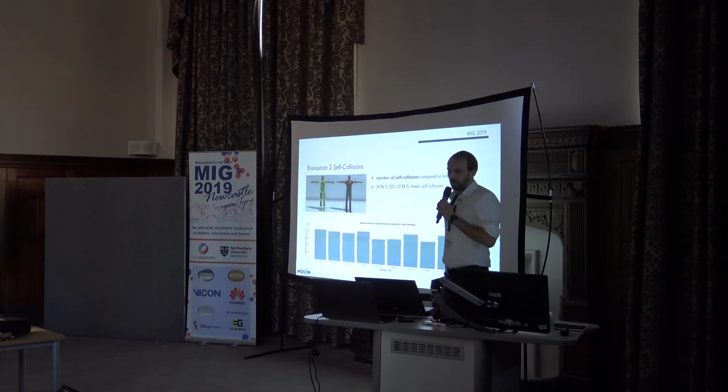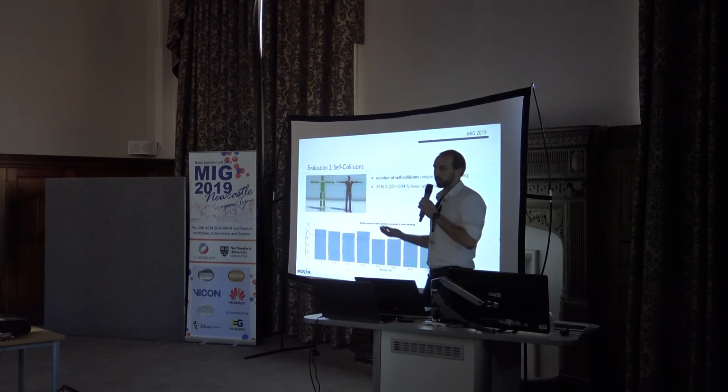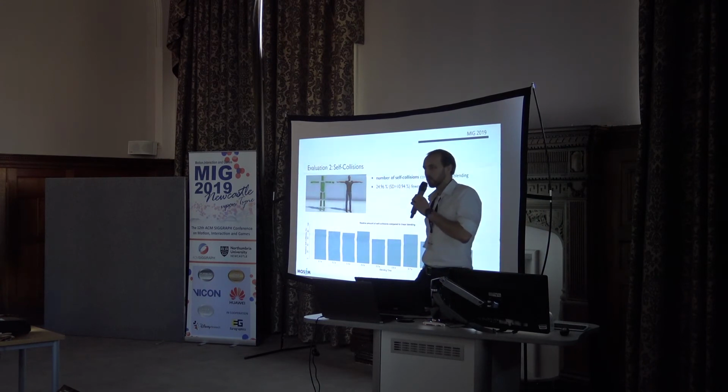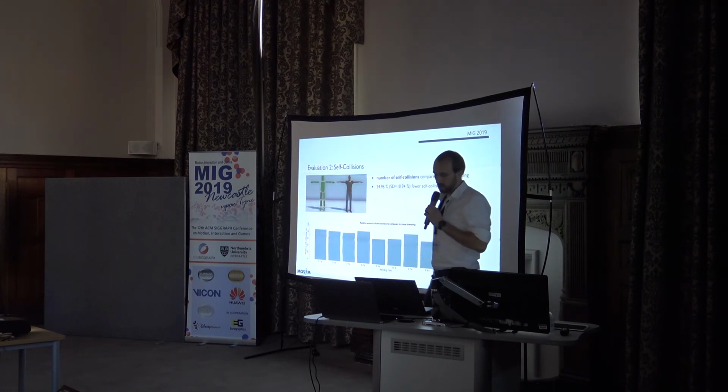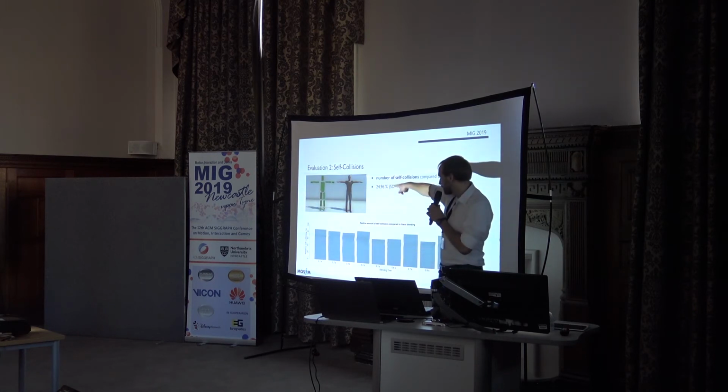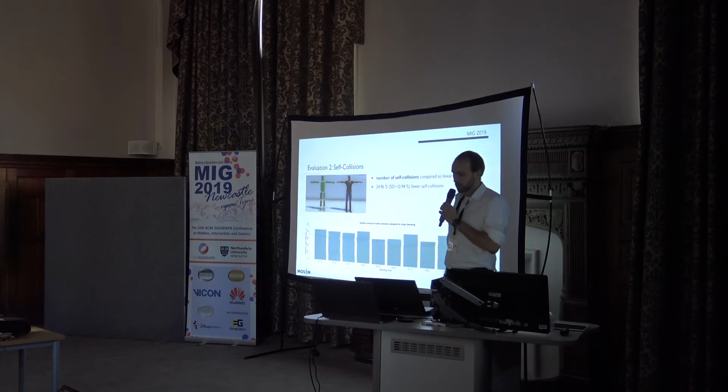Then we thought, well, another thing we could do is look at the self-collisions. So in animation, the body can collide with itself, and the animation can go through my body, most of all with arms and feet. This is bad because it's unnatural. So we constructed such a box collider figure and calculated the number of collisions.